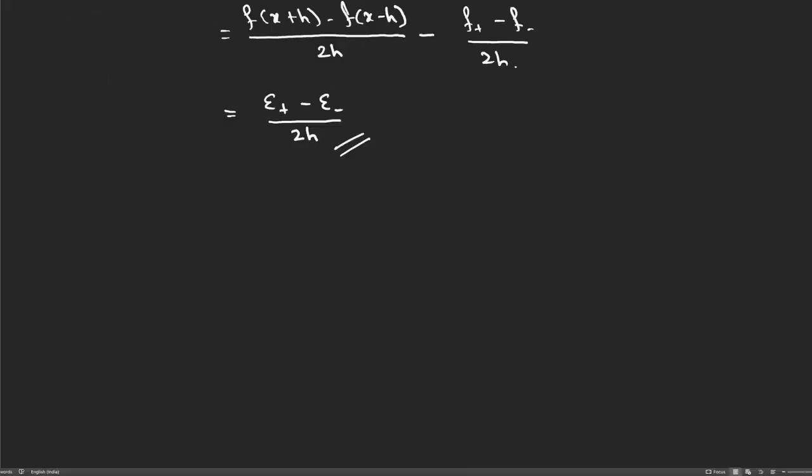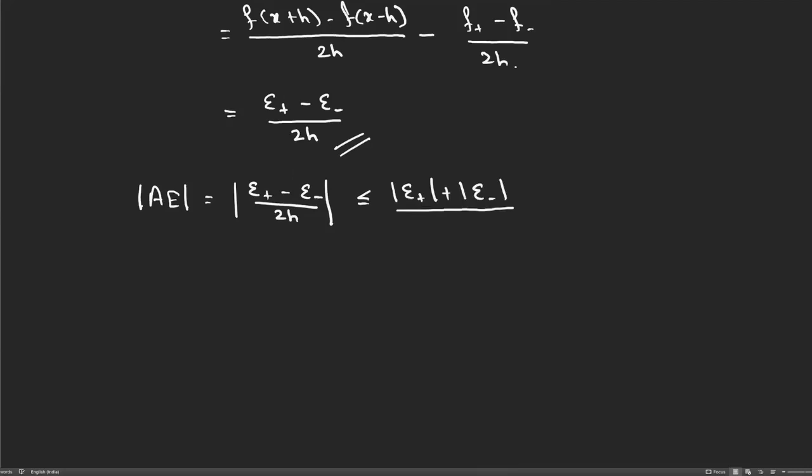Let us take modulus on both sides and write mod AE is equal to mod of epsilon plus minus epsilon minus divided by 2h, and that is less than or equal to mod epsilon plus plus mod epsilon minus divided by 2h, right?